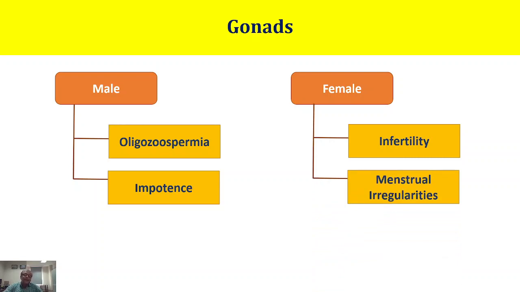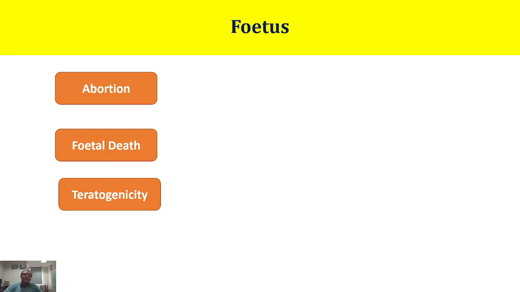And if it affects the germinal cell, then it will lead to mutagenesis. In the fetus, there is a significant adverse effect, and over and above teratogenicity, growth retardation, abortion and even fetal death can occur.